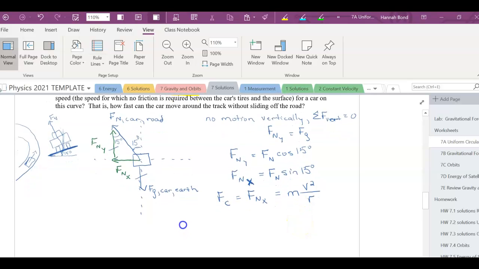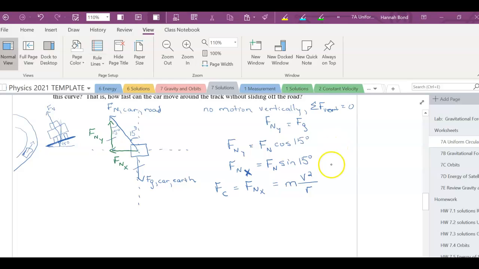So let's see here. I guess I can say that this equals m v squared over r. Well, let me do it down here so I go in a logical progression. Since F_ny equals the force of gravity, that equals the mass times the acceleration due to gravity.